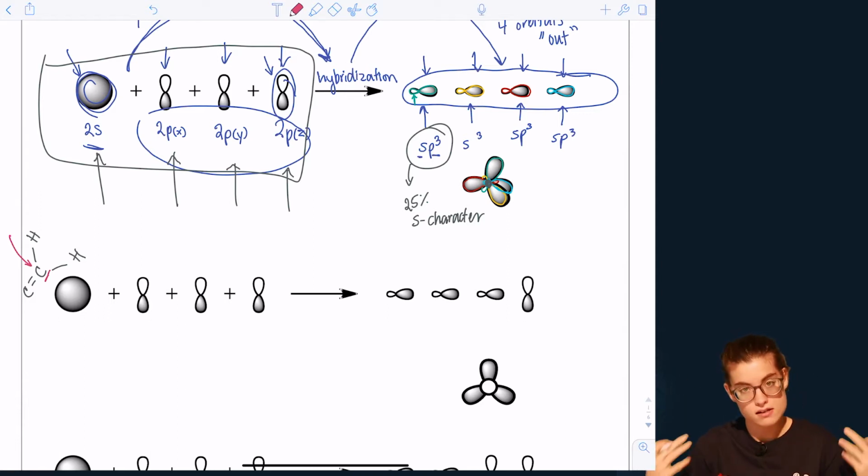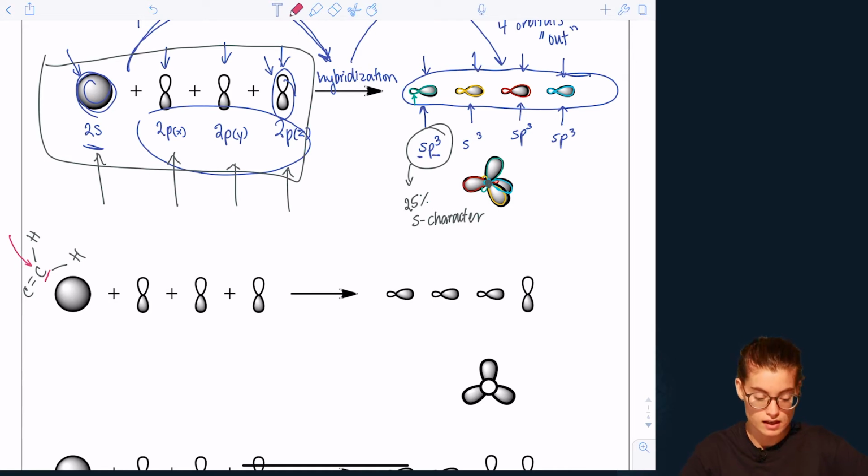That's how I like to define this. And we'll go over how to identify an sp3 hybridized carbon, or an sp2 hybridized atom, or an sp hybridized nitrogen, or all those things. So don't worry about that right now.